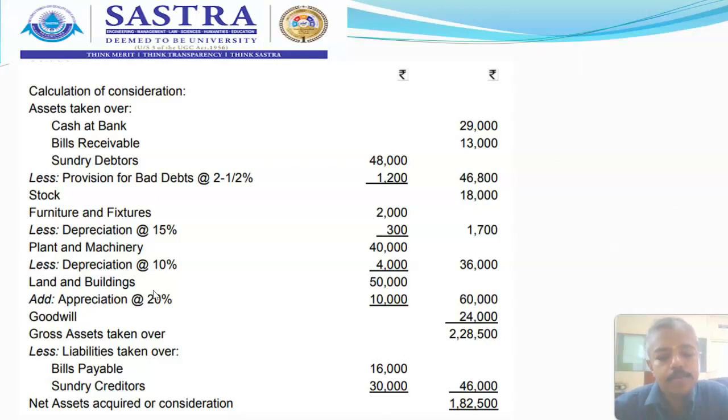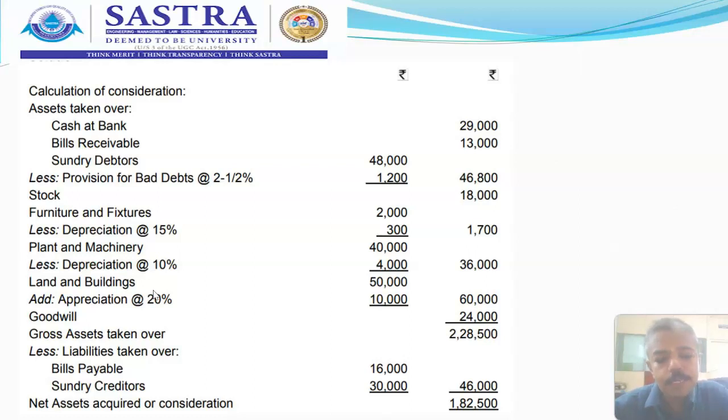Then another important account is the goodwill. The valuation of goodwill we need not do, rather they have given it. Seeing the reputation of A and B and Co, they decided to pay for such a reputation.